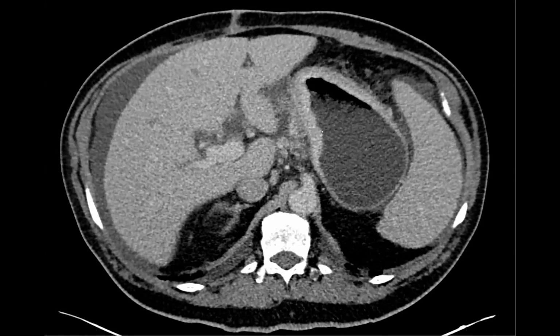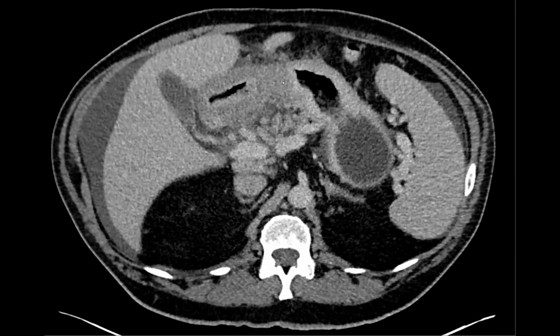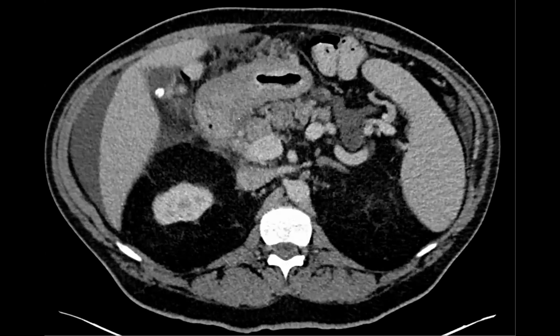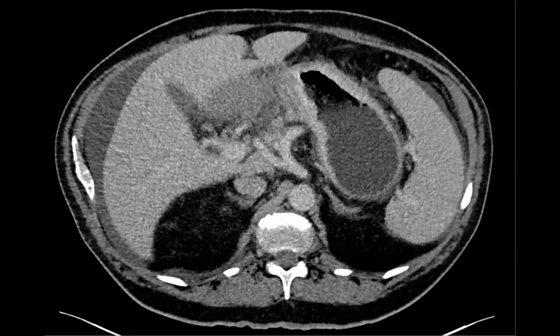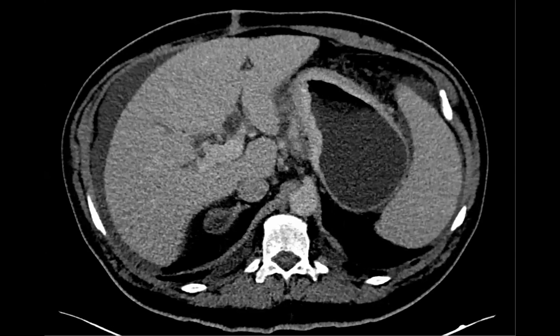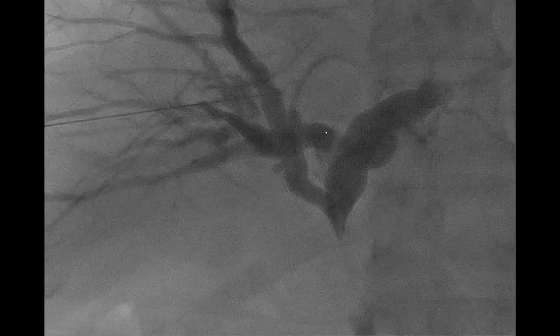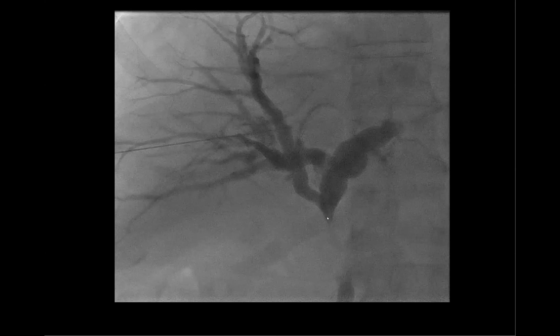So this is a really nice example of linitis plastica. You can see the dense, enhancing, thickened stomach extending all the way down here. There was infiltrating tissue that was obstructing the bile duct. I'm going to show you the IR equivalent. This was the PTC, and you can see this smooth but malignant tapering of the bile duct.